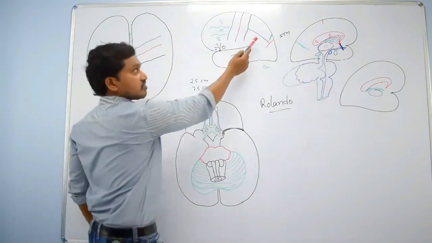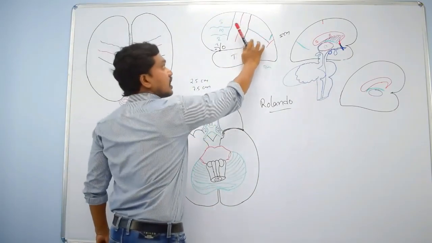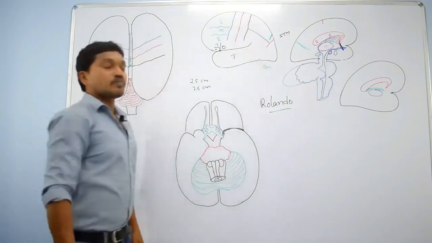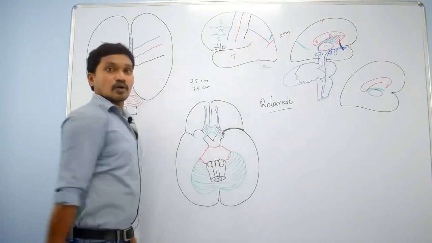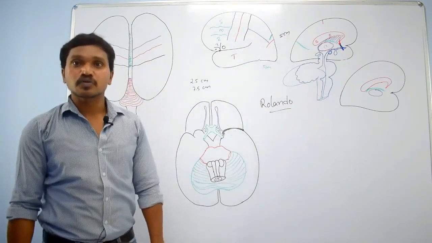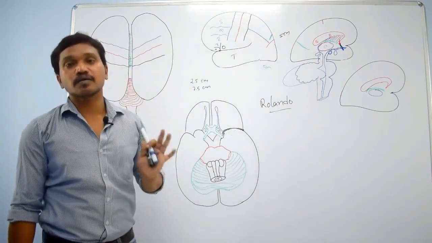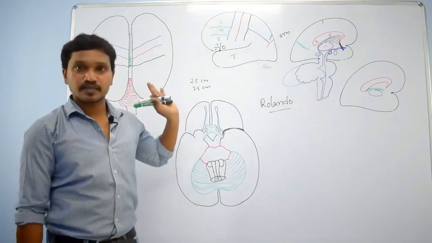So because of this sulcus, parietal lobe divides into superior and inferior parietal lobules. Superior parietal lobule and inferior parietal lobule. That's it.